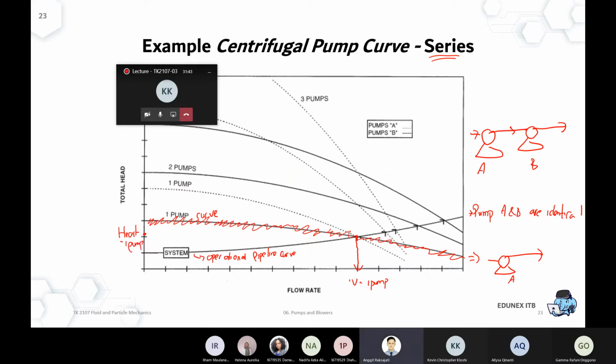Now, what would happen if you put the second pump in identical configuration? That is what it means as two pumps in series.